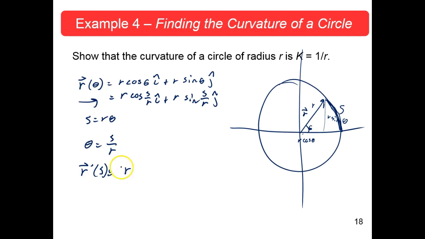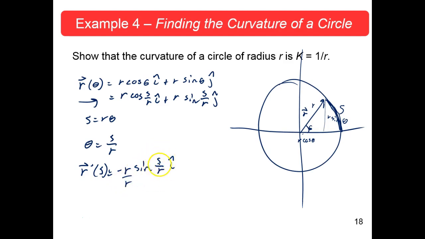Only it'd be a minus, right? Minus sine of s over r. But then you have to do the chain rule there. With respect to s, that would be 1 over r, right?